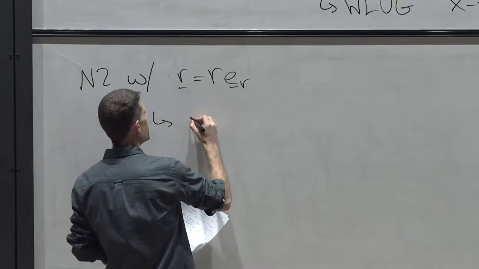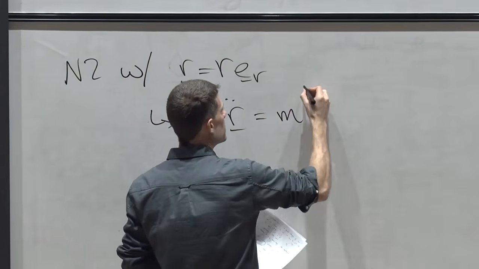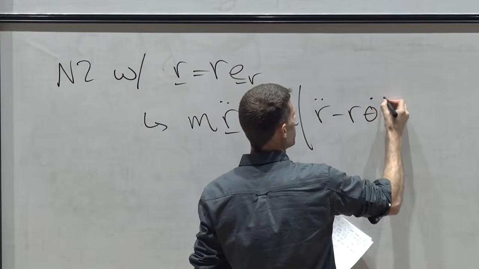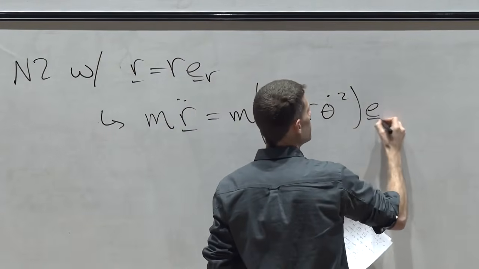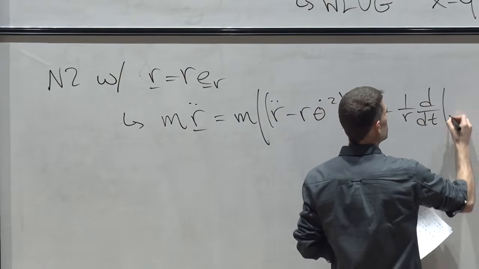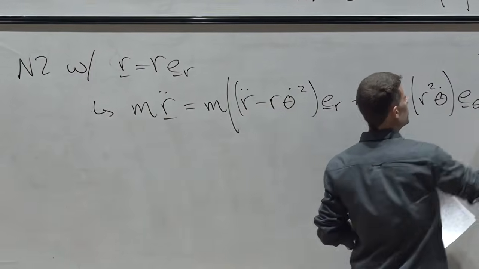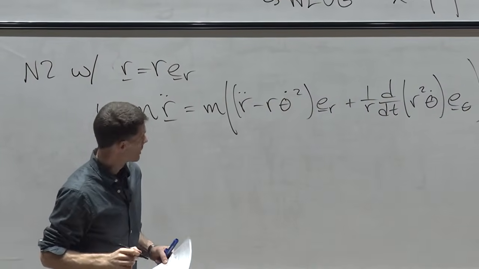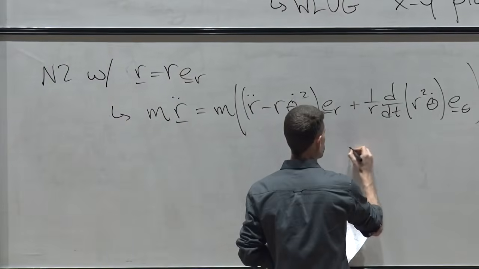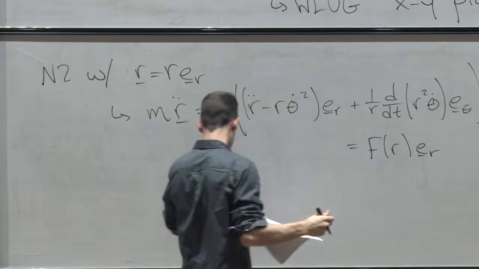So I get M R dot dot is M times R, little scalar R dot dot minus R theta dot squared E R plus 1 over R d dt R squared theta dot E theta. Same formula we've seen a few times. Equals, let's write it as F of R E R.